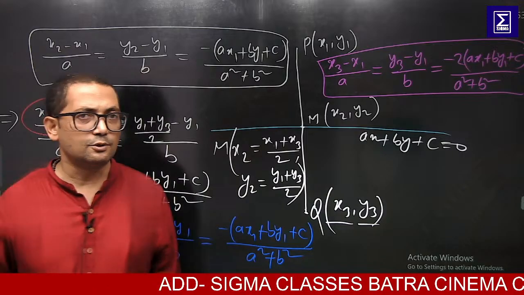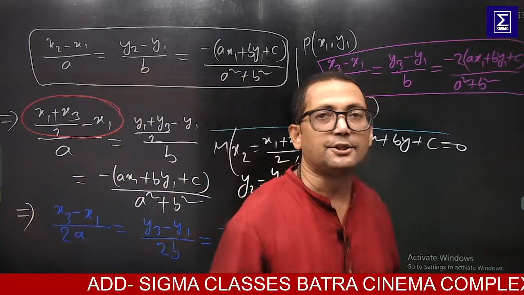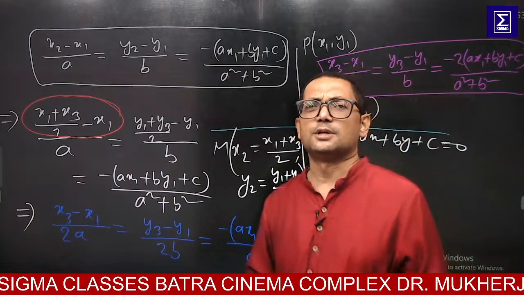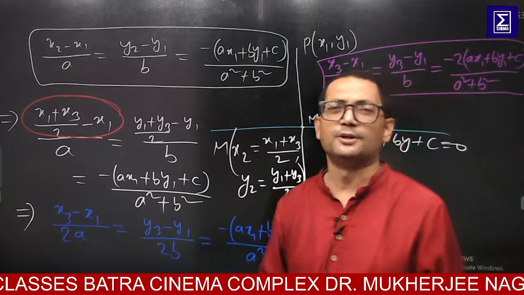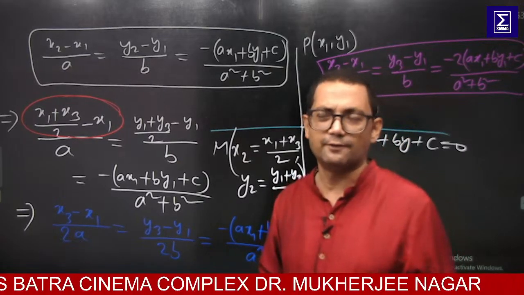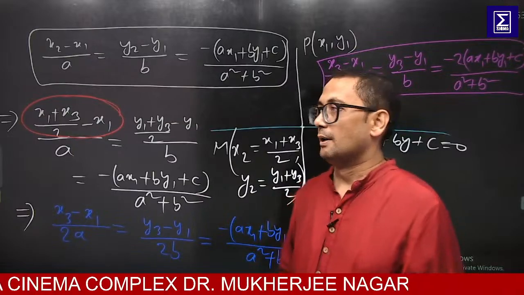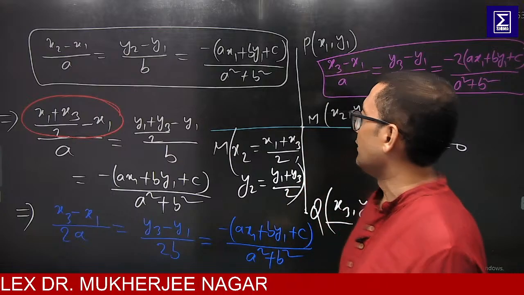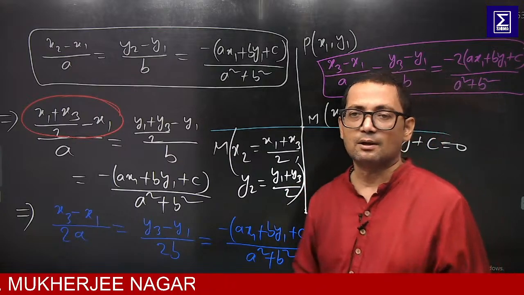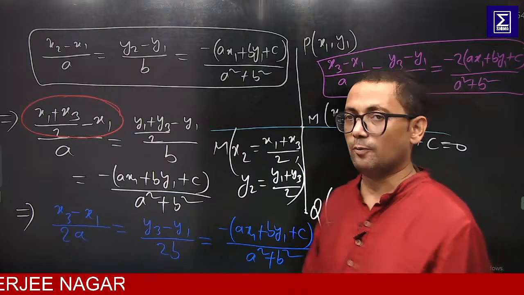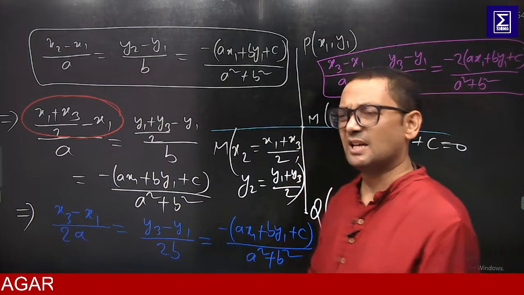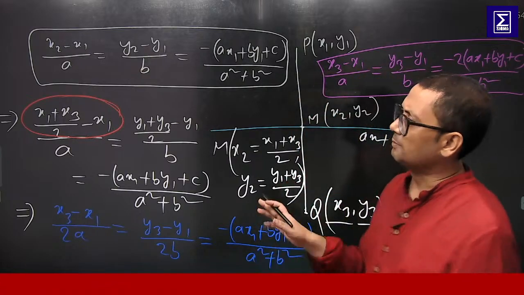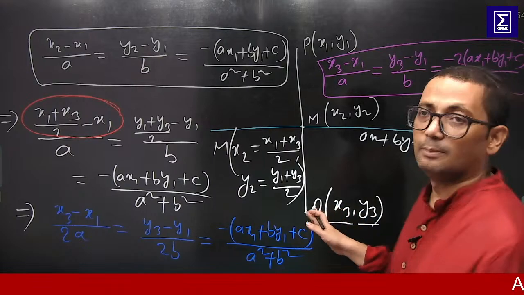So we have covered so far everything related to the equations of the straight line, whether it may be in the slope intercept form, one point form, two point form, then we have the parametric form that we also dealt with, and finally the perpendicular distance from a point on a straight line, distance between the two parallel lines, and finally the foot of the perpendicular and the coordinate of the image.